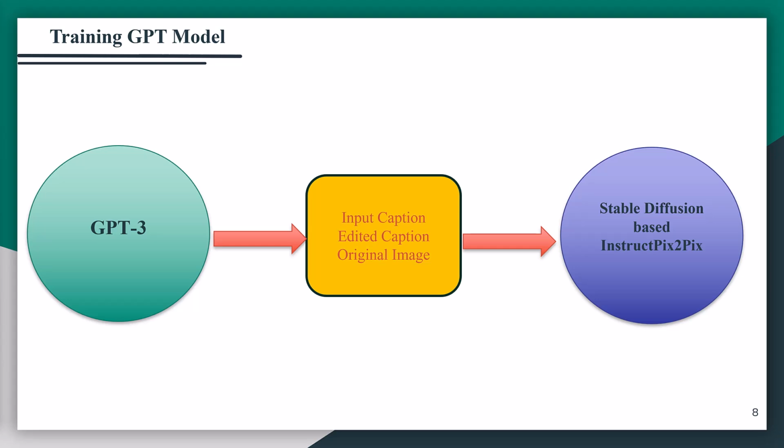This data is then used to train the Stable Diffusion model, which learns from three main elements: the input caption, the edit caption, and the original image. In short, instead of building a complex model from scratch, they focus on creating high-quality training data. This way, they can train a simpler model more effectively, allowing it to handle complex editing tasks.